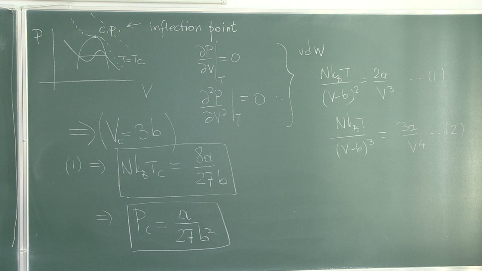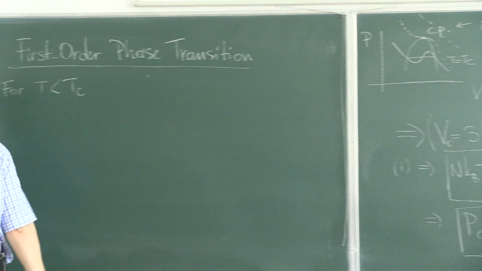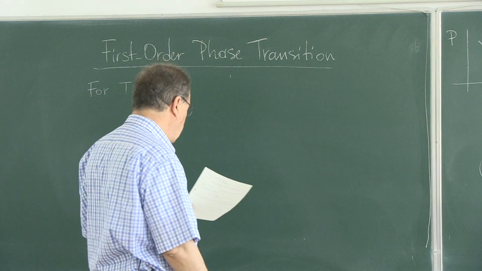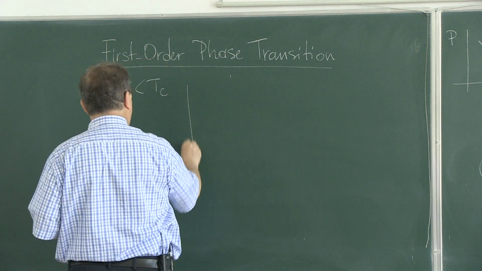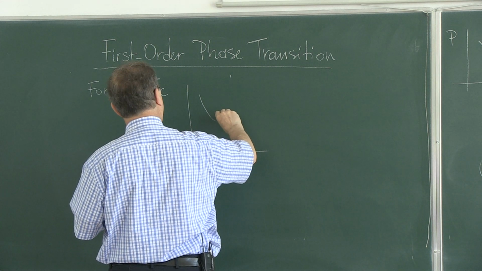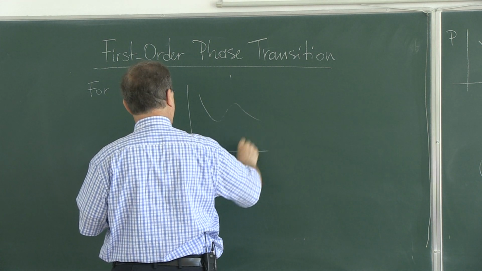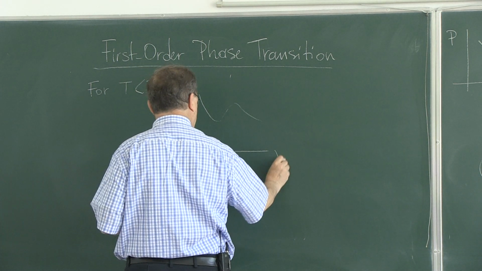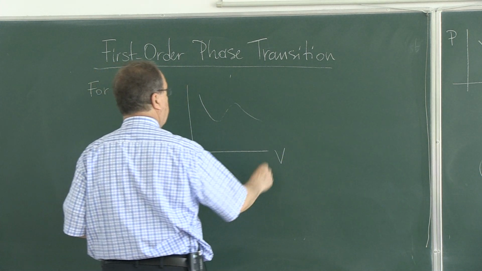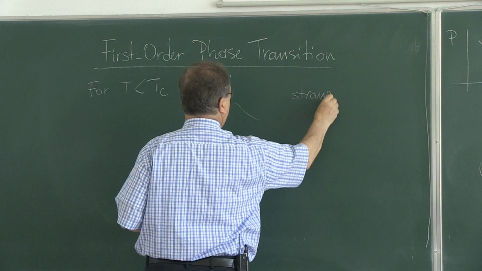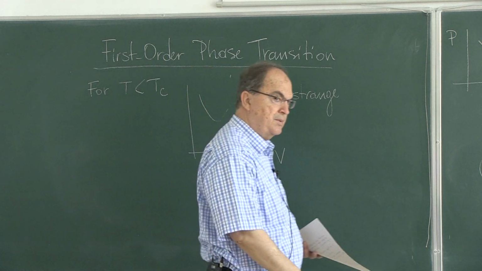For temperatures lower than the critical temperature, we have a funny behavior, a bit strange behavior. We have something like this. What is strange about this? This is not an acceptable behavior.